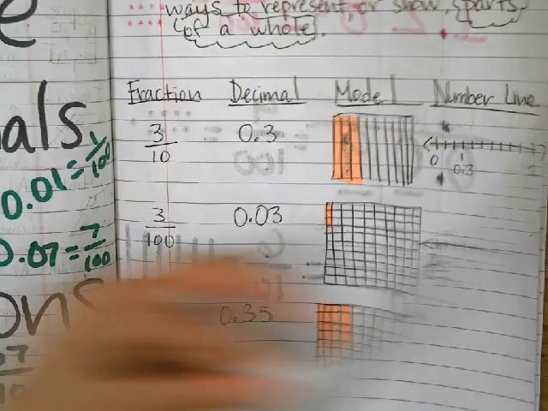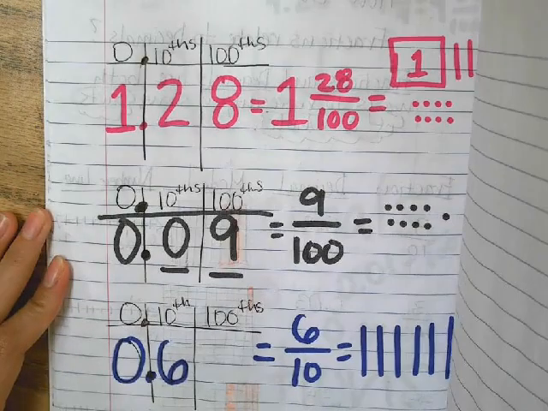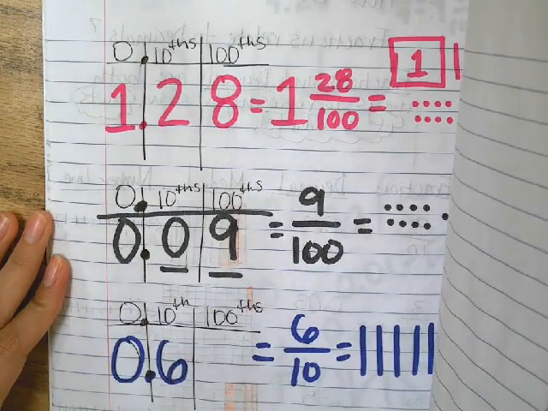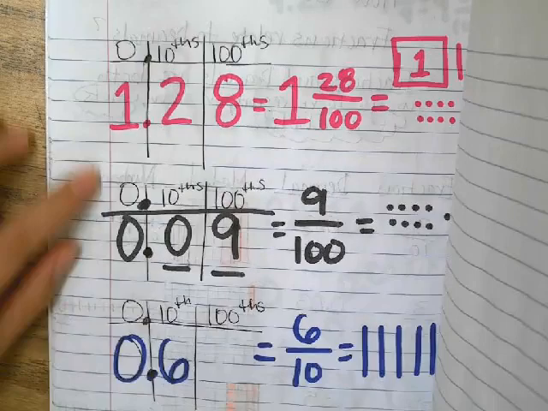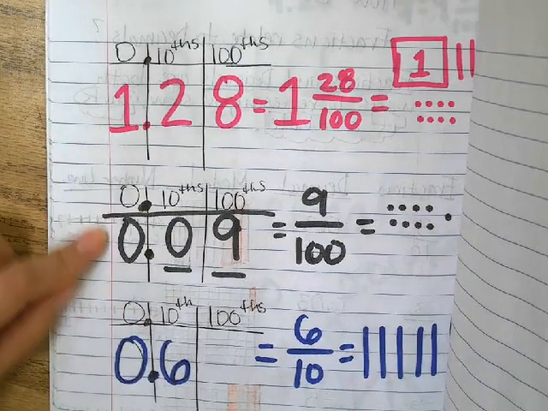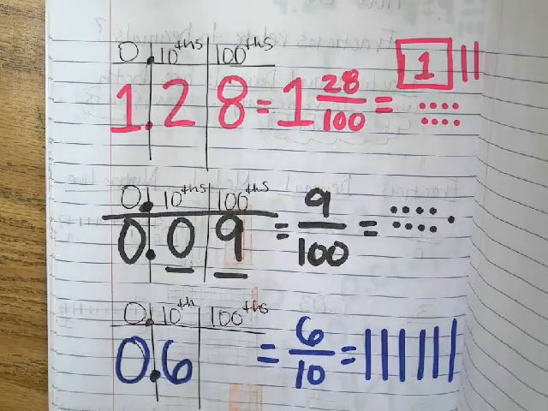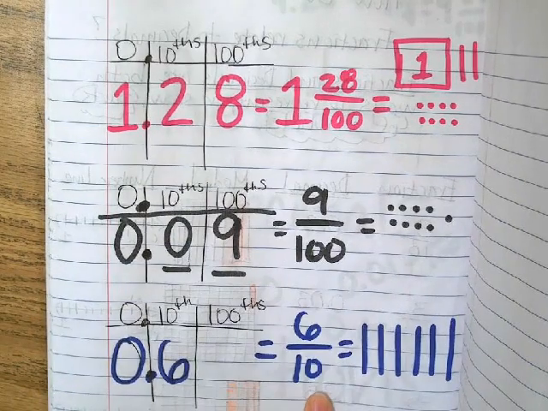Okay, this was our last page of notes. Again, we have our place value chart for our decimals. 1 and 28 hundredths. 9/6. This is how we would write them in fraction form.